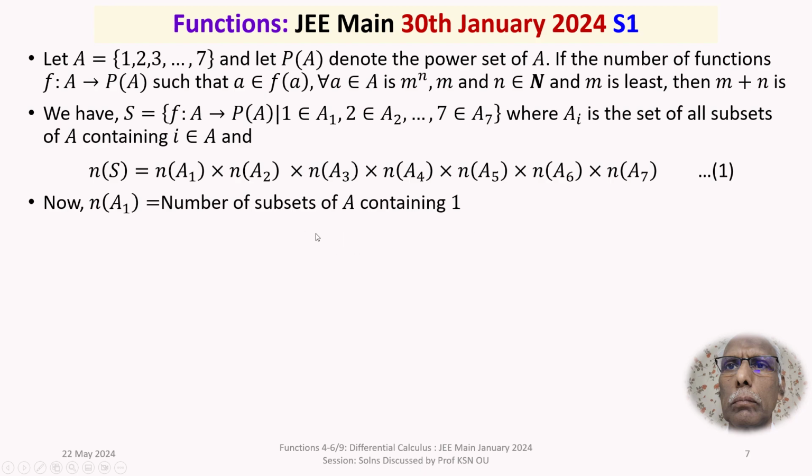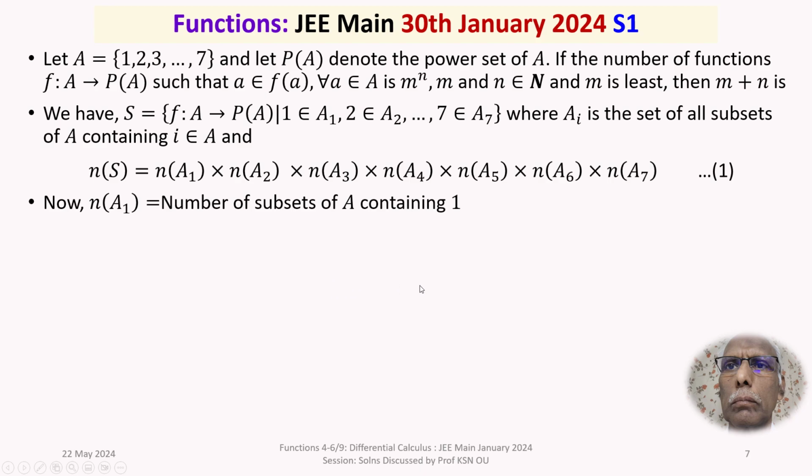To count this one, first of all, let's count the number of subsets of the whole set A, that is 1, 2, 3 up to 7. These are 7 elements. Number of subsets will be 2 power 7. Agreed.